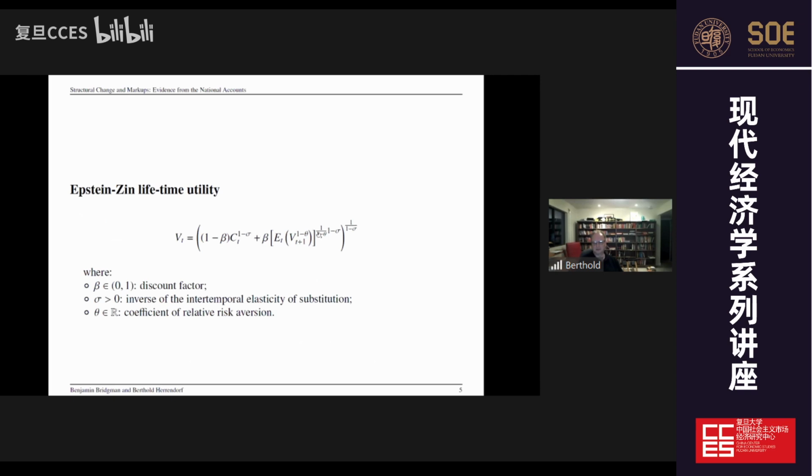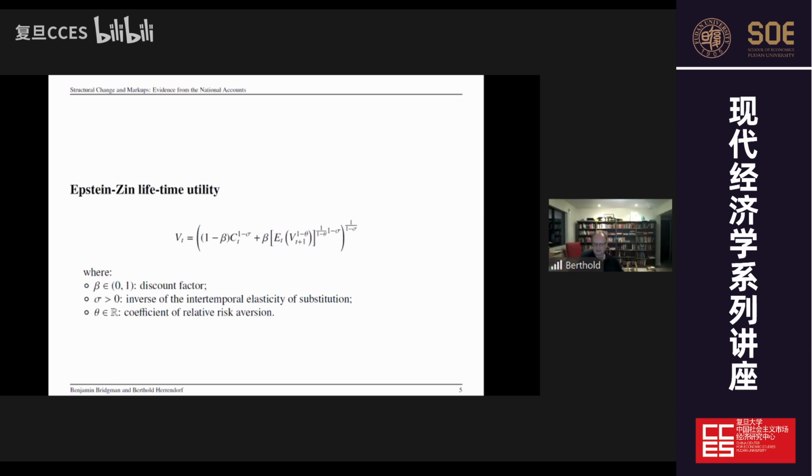So the sigma would go away everywhere, and you have the standard recursive value function where the value today is C_t, it would be linear then, plus the continuation value tomorrow. And now the continuation value is somewhat different from what you usually have, because there's a theta in there which allows you to get a coefficient of relative risk aversion that's separate from the sigma.